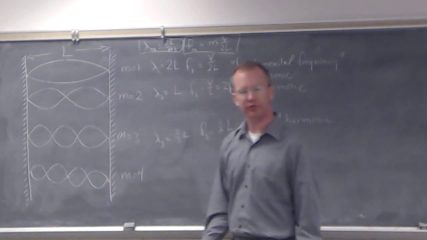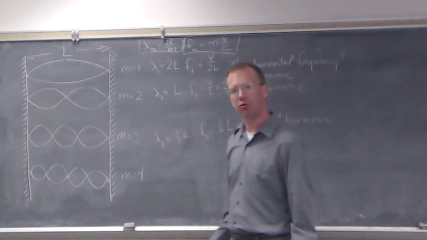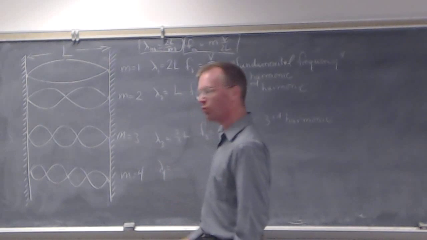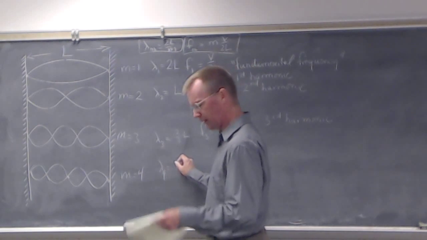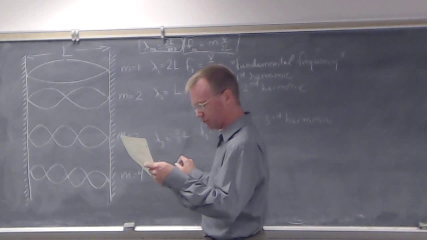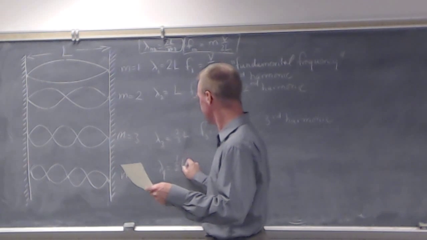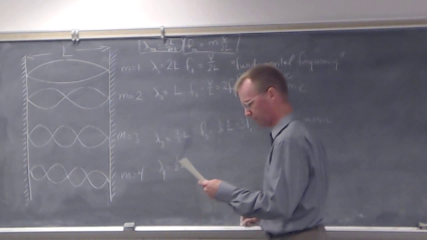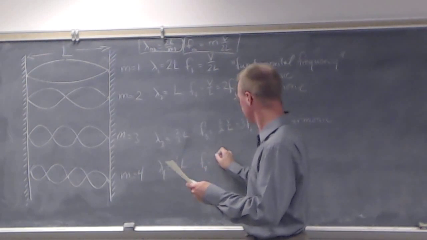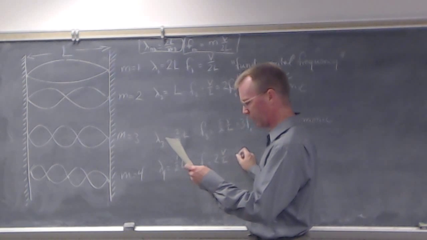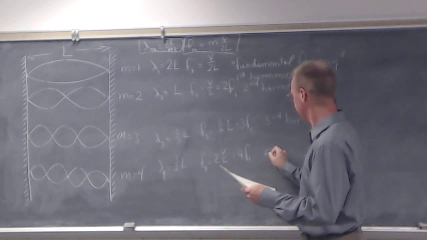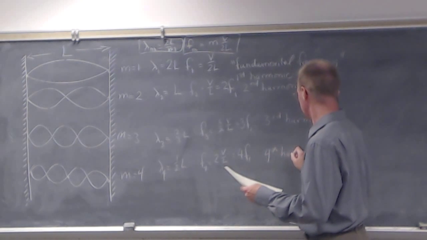After I was bragging on my skills doing it in thirds, I can't do it in quarters, which should be easier. The wavelength for the fourth harmonic is 2L over 4, so it's 1/2 of the cavity length. Frequency is equal to 2 times V over L, which is equal to 4 times the fundamental frequency, and that's the fourth harmonic.